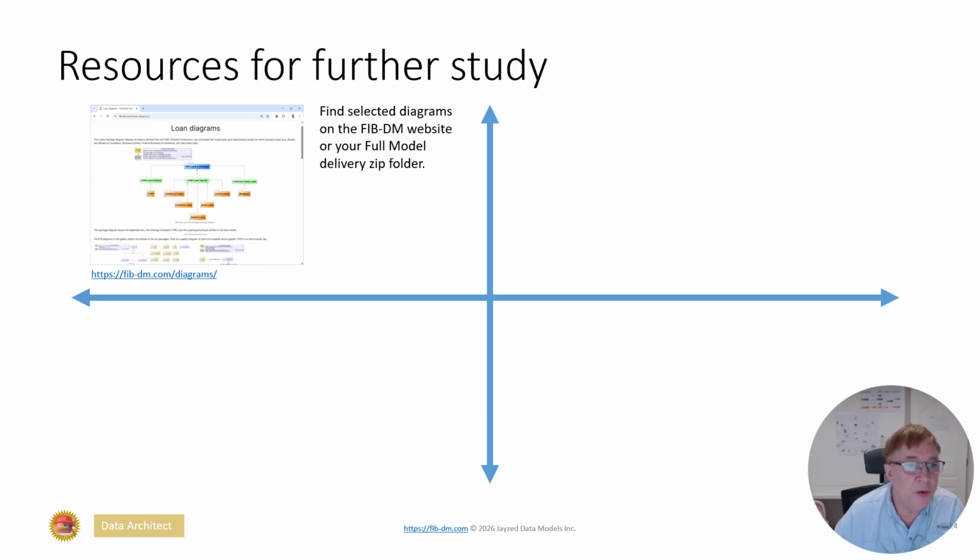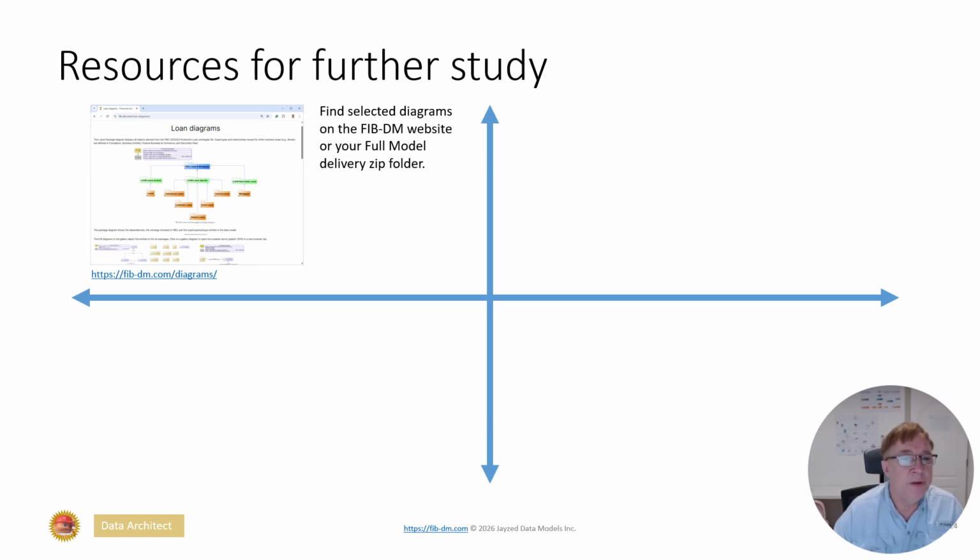And they are also published on the FIB-DM website, and there are over 50 diagrams. And to be clear, not all diagrams are in the quarterly FIB-DM releases, simply because the model file would become too big for import and for handling even on a PowerPC.